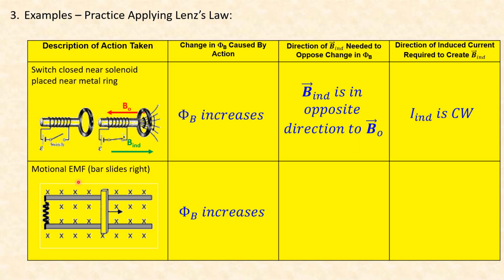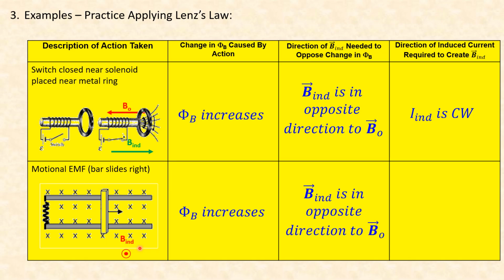The system will respond to this increase in magnetic flux by trying to counteract this change. It will do that by creating an induced magnetic field, which I'm showing you here, that is opposite in direction to the original magnetic field. That's how it will counteract this flux increase.